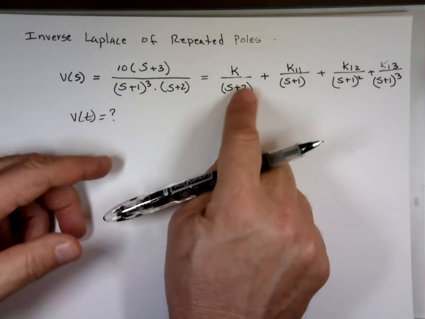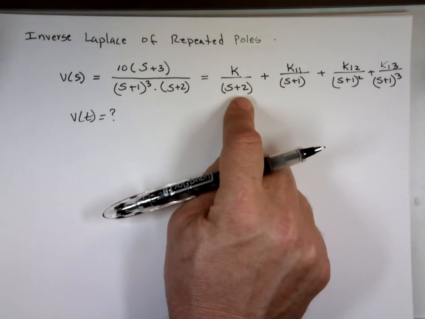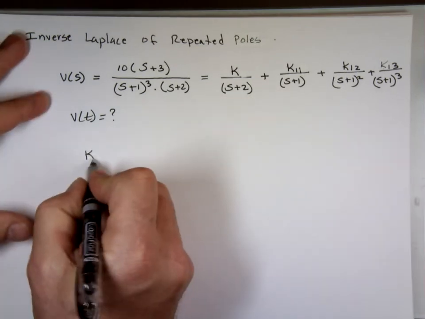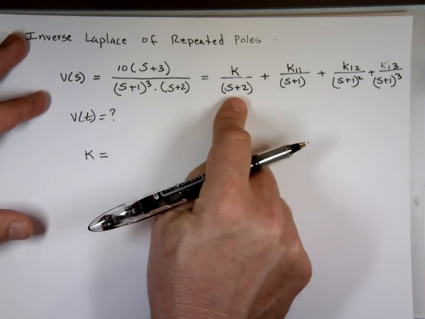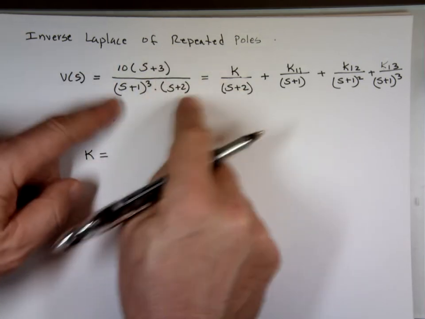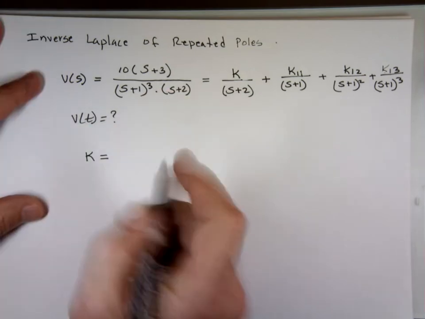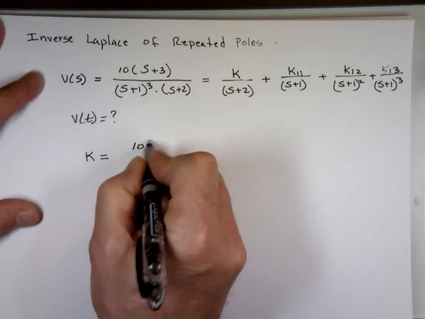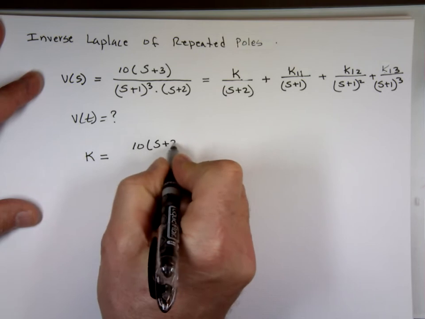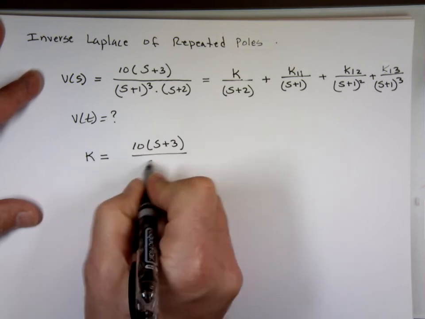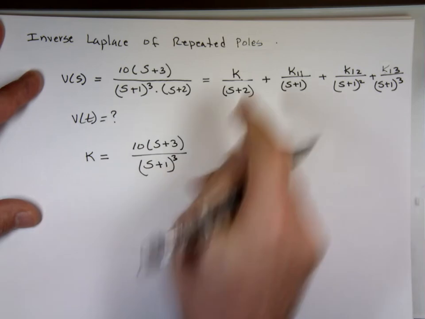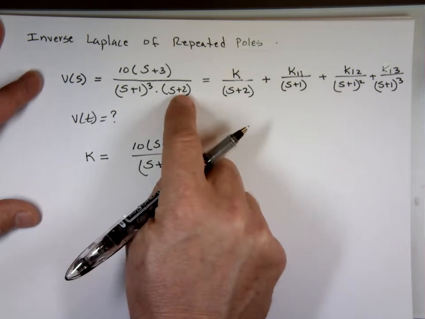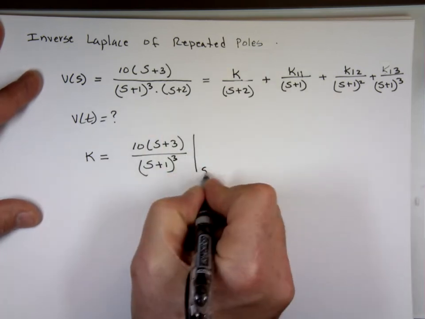Now to find K, because that's a simple distinct root like we did last time, that's straightforward. Notice K is sitting on top of S plus 2. What we did last time, we went to this function and took S plus 2 out of it. And you want to find this when S equals what?